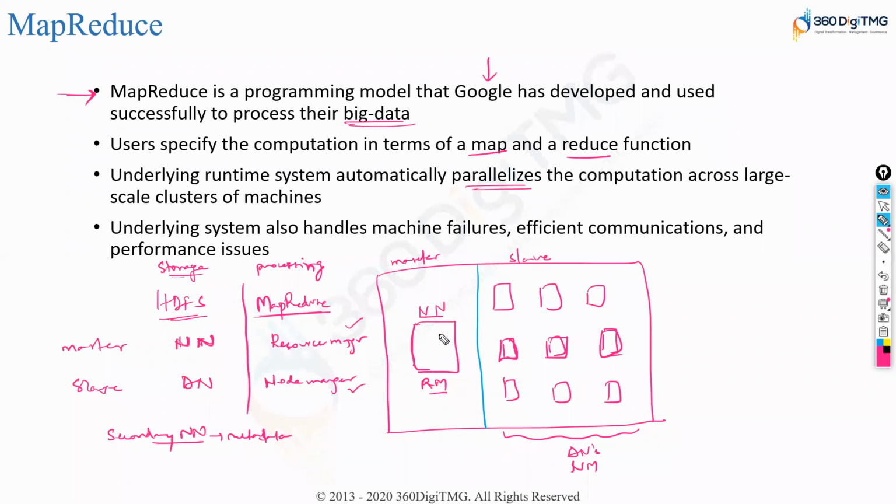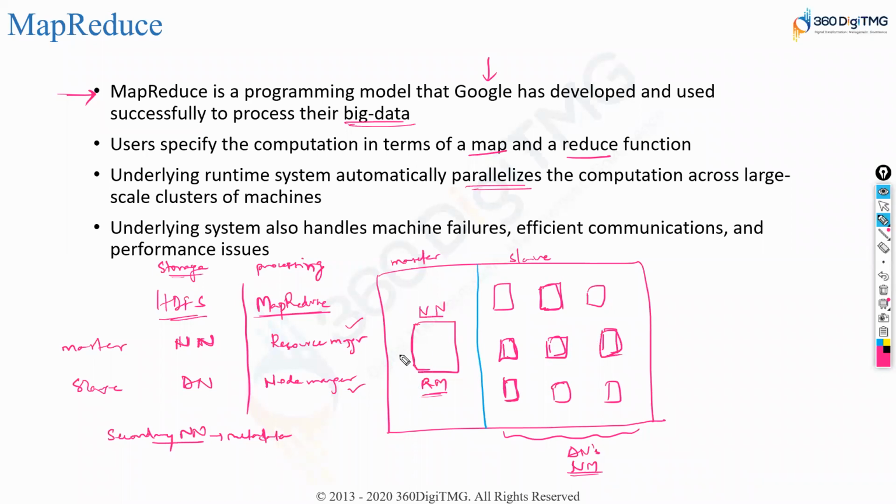Now, resource manager will assign the task to the node manager. In the data nodes, my bad, in the data nodes, slave nodes, we will have these node managers running in each of these individual systems, which is responsible to get the task executed. Resource manager is assigning the tasks to the slave nodes, in which you will have node managers which accept the tasks and get the task executed. Right? So that's basically the relation between resource manager and node manager.